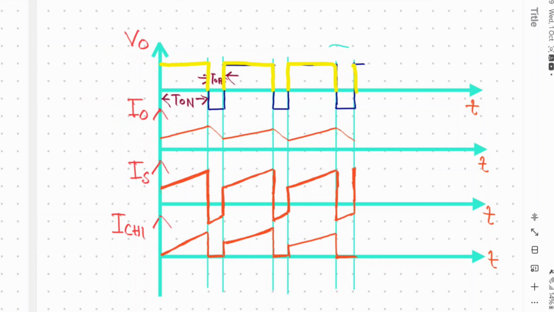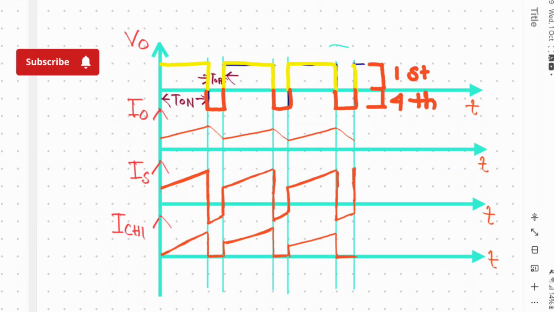When diode 1 and diode 2 are on, at that time we achieve this negative voltage. So this is the first quadrant operation, and this is the fourth quadrant operation.